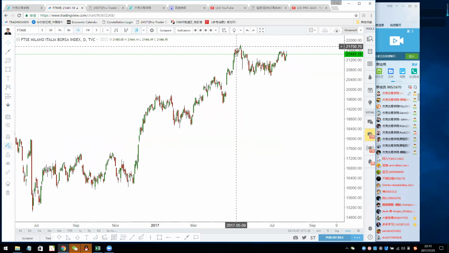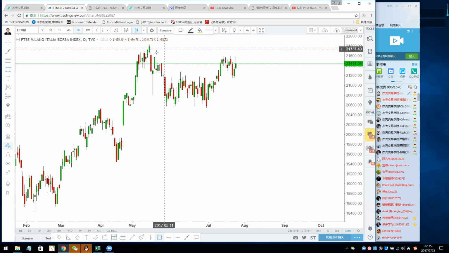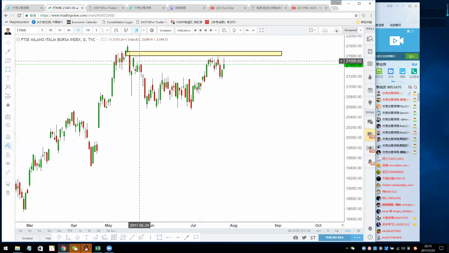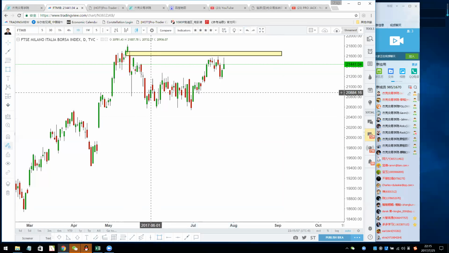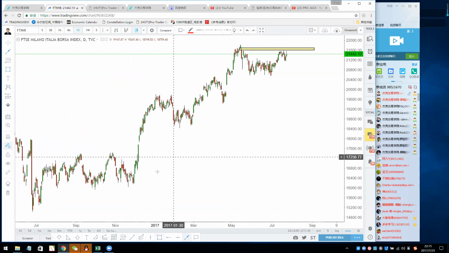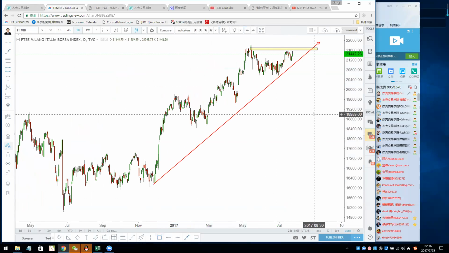However, it's kind of making a double top. As I see here, there's a gap. This gap is actually a very important area because people want to sell at this place. So if this can break down this channel, we actually have a big drop.